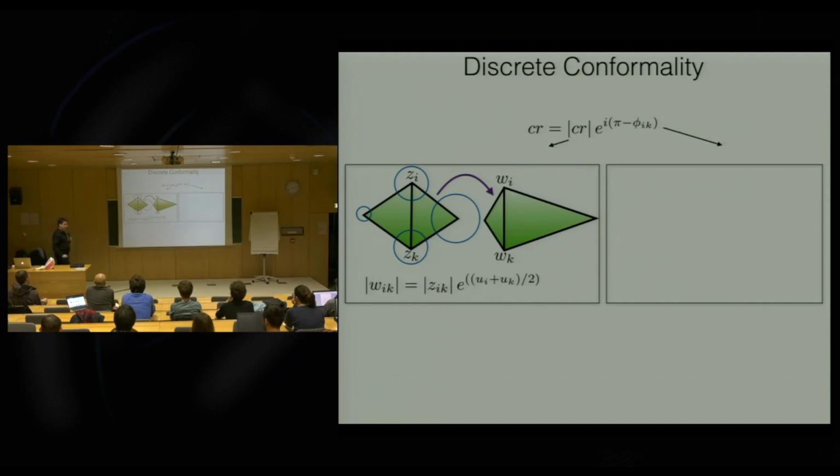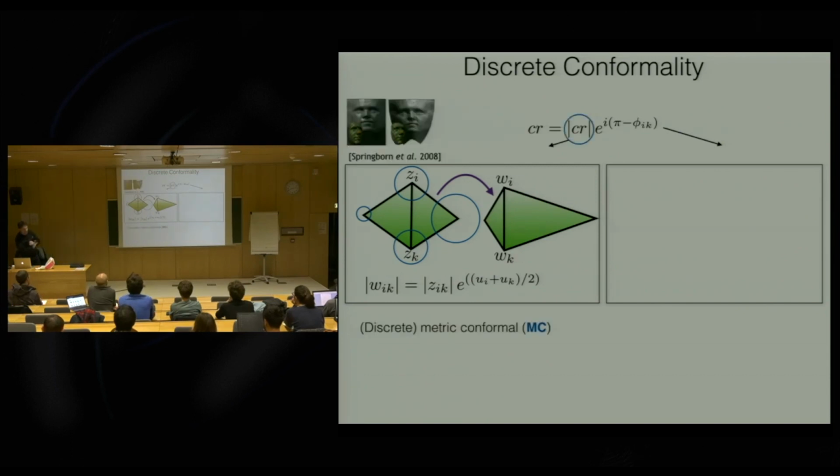That's what happens. And if you know a little bit of the literature here, that's been called discrete conformal transformations by Springborn and others. That's a very commonplace definition of discrete conformality. So one can describe this by this piecewise Möbius transformation that keeps the absolute value of the cross ratio.